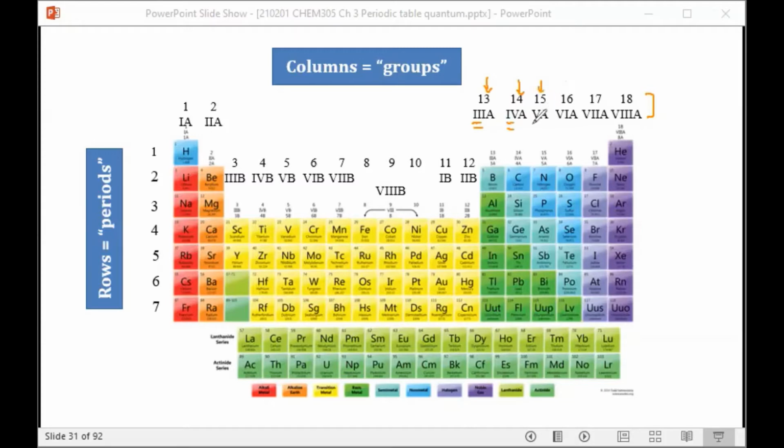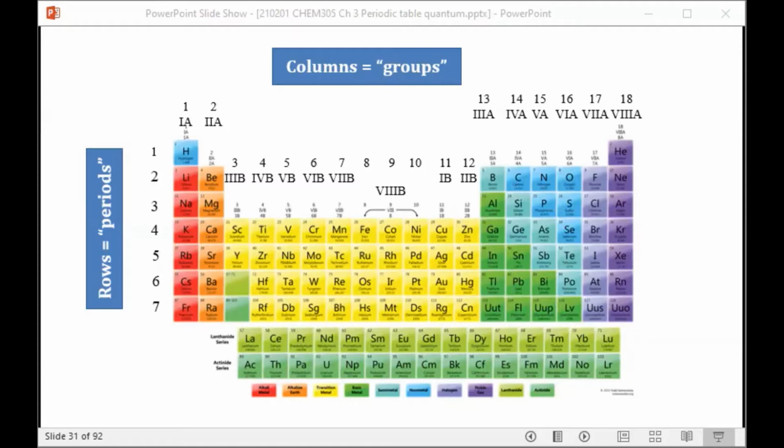Column 15, which has a 5, is 5A. Column 17, which has a 7, is 7A. So that's a way that I can remember both systems. It's a little trickier with the B's. Typically in the B groups, the Roman numeral way is more outdated and just the straight across numbering is used.